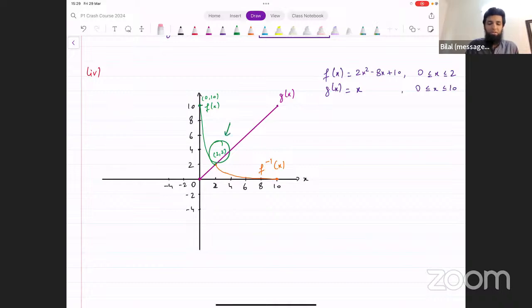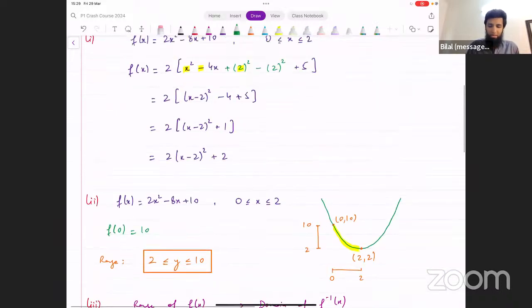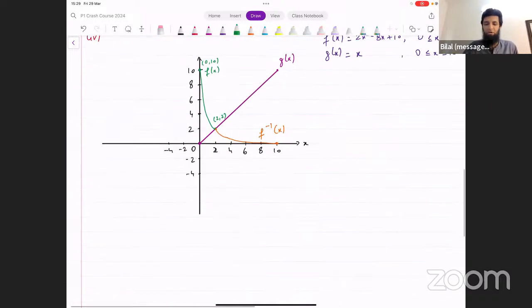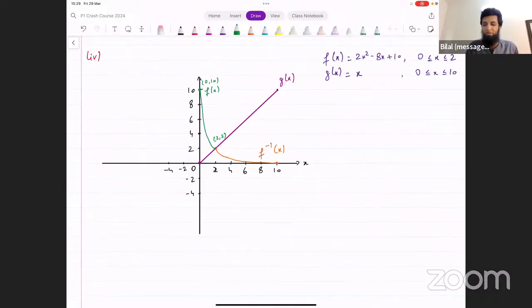We already knew this because we had this form here, and from this form we got that the turning point is 2, 2. So it was obvious that this point 2, 2 lies on the function. So we did not really evaluate it as such. But if you want to do that again, you can do that. Put 2 inside this function. You should get 2 from that. All right. Okay, sir.